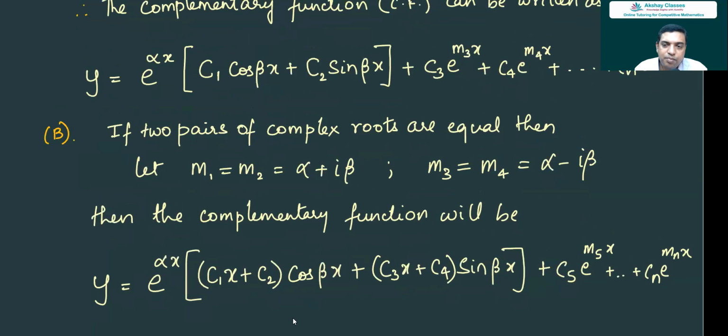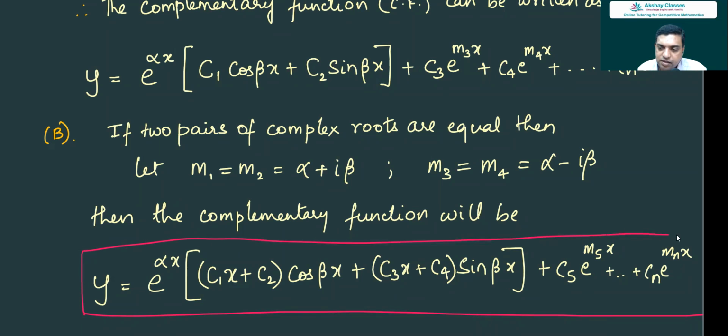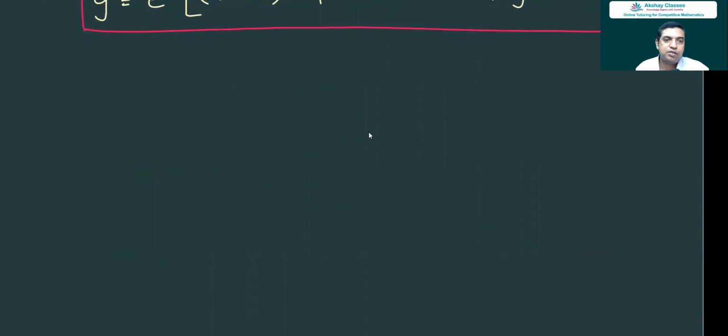So this is the complementary function, and suppose three pairs are equal, then you will get C1 x square plus C2x plus C3 times cos beta x, and C4 x square plus C5x plus C6 times sin beta x, and so on. So this is the method to find the complementary functions. Now let's take examples.